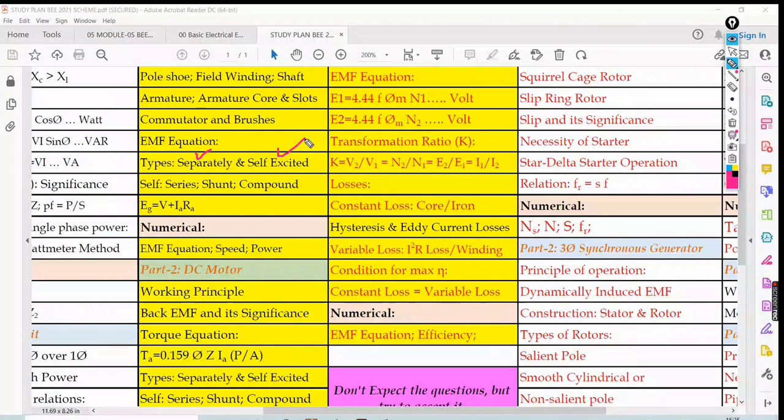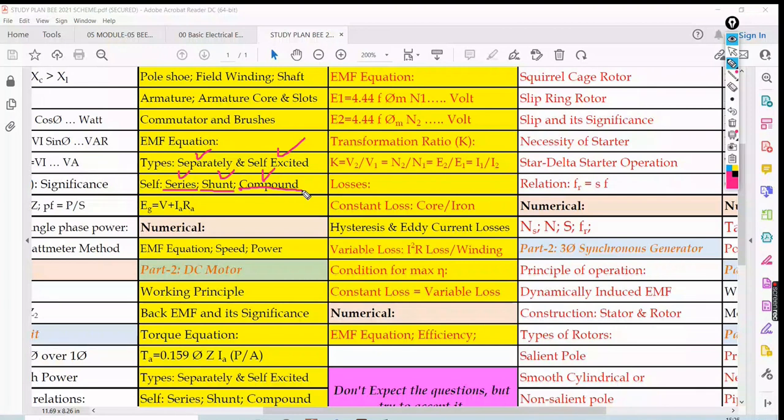With respect to the self-excited, again there will be series, shunt and compound. If the field winding is in series with the armature, it is called series. If the field winding is in parallel with the armature, it is called shunt. If there is a combination of series and shunt, it is called compound.